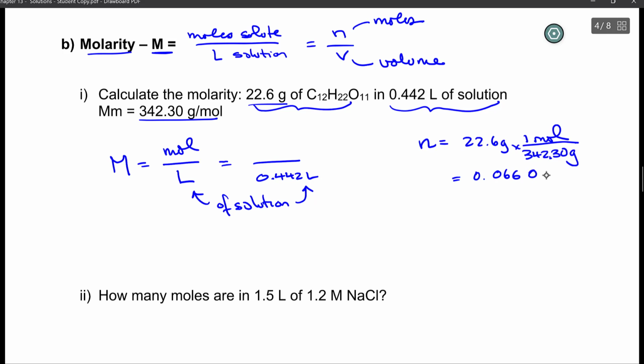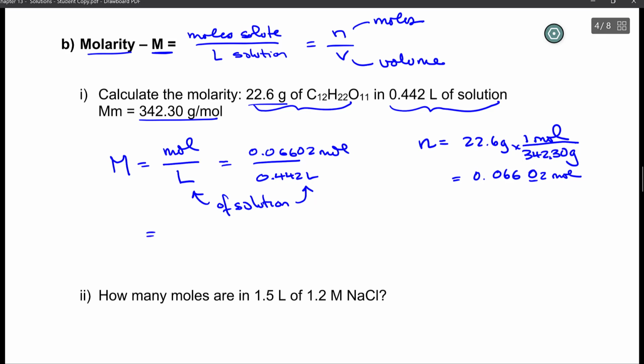I'm just going to write it with 3 sig figs, 0.06602 moles.